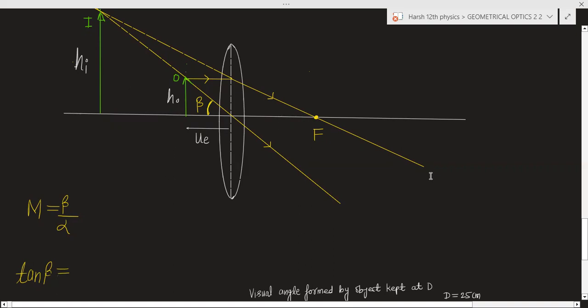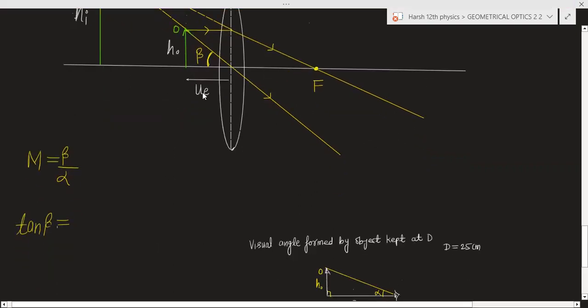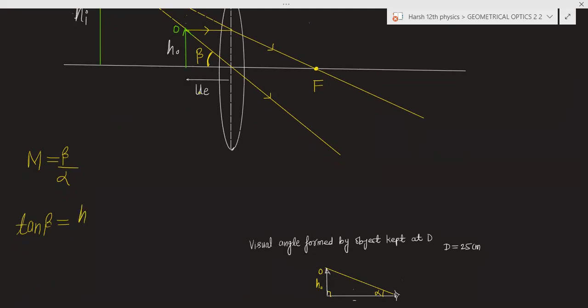It will be h naught by ue. And I told you this beta is very small.